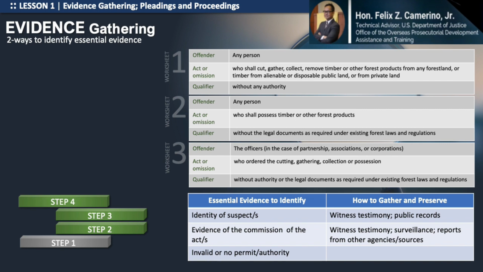Same goes for the other subject matter, for violations of mining laws and so forth. It will have particular line bureaus you can go to.